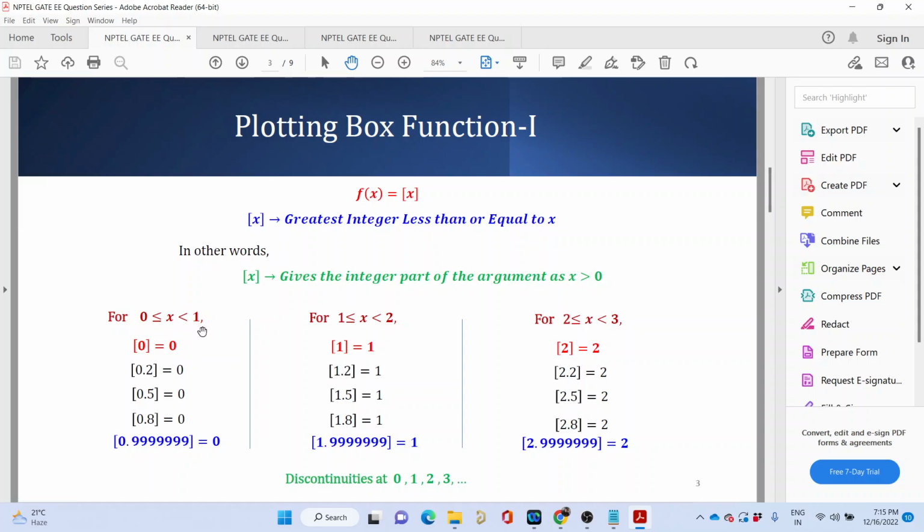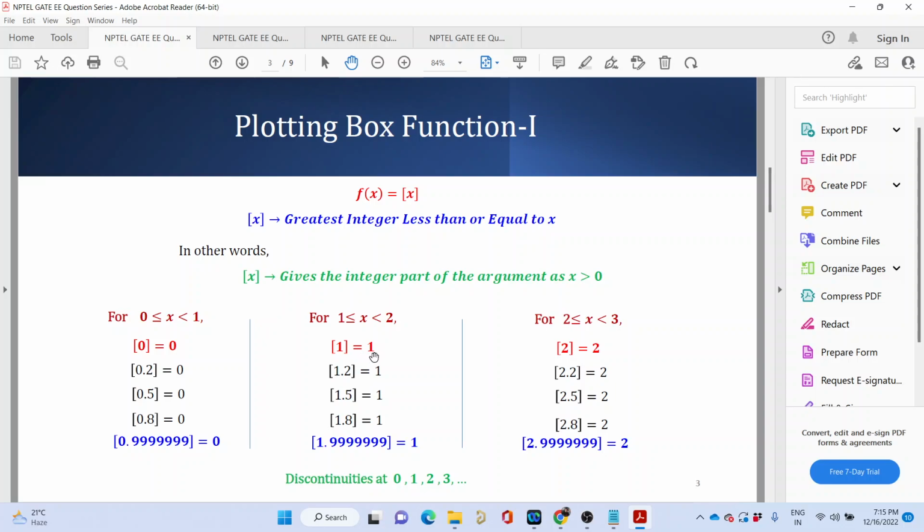Let us take a value very close to 1, so 0.99, but less than 1. If it is less than 1, what are we getting? The output of the function is 0, right? Yes, sir. Now, if I take a value which is slightly greater than 1, say 1.000001, what would be the value?